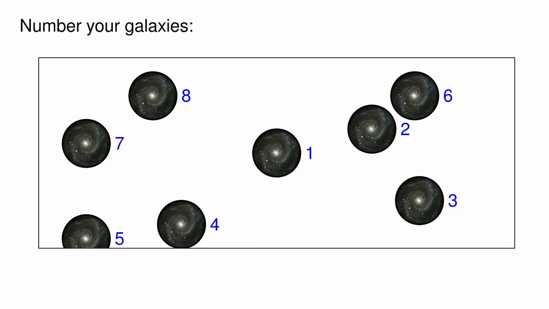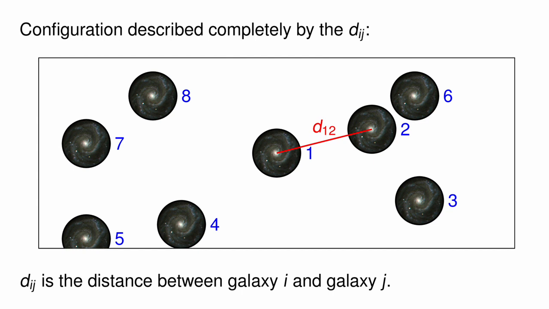It's easier to see this in a two-dimensional setting, so here is a small section of the universe, and we have a mere 8 galaxies, which we have numbered. The configuration is completely described by what I will call the D_ij, where i is the index of one galaxy and j is the index of another galaxy. So for instance, here is D_12, the distance between galaxy number 1 and galaxy number 2.